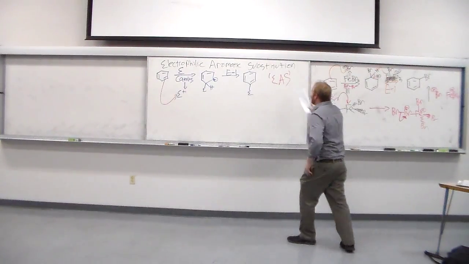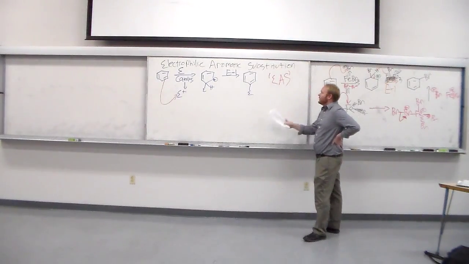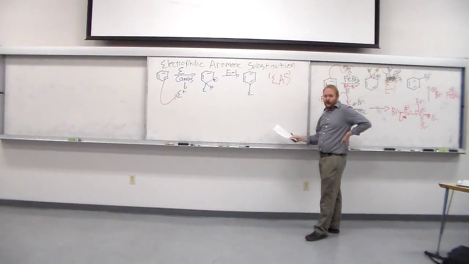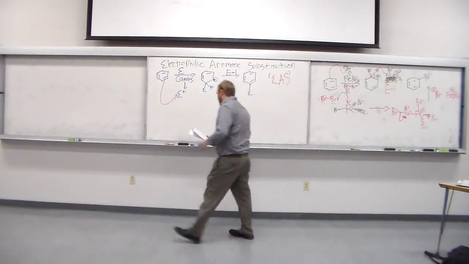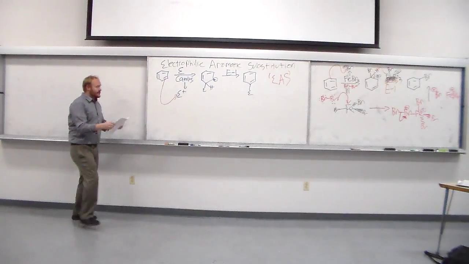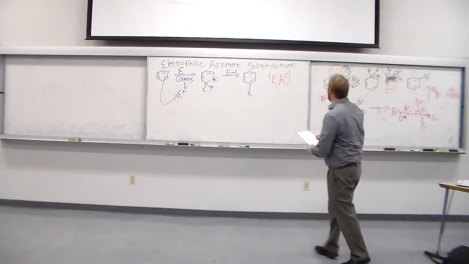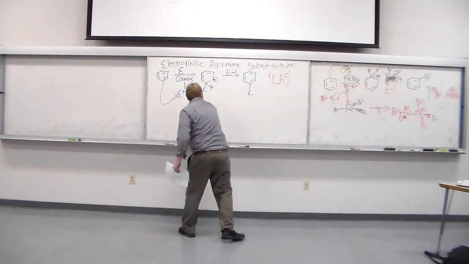So EAS will do this thing where we replace one hydrogen in your aromatic system with an electrophile. We will discuss several different types of EAS in this lecture, and I'm going to give you a general trend.